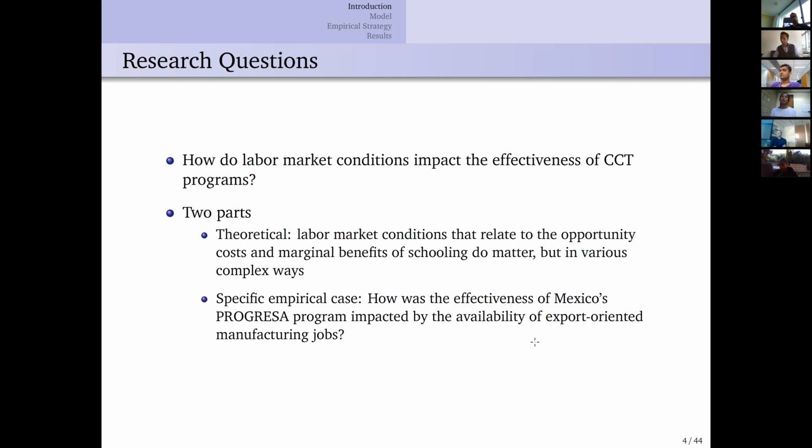The second part of this presentation is going to focus on a specific empirical case, which results in a narrower research question: how was the effectiveness of Mexico's PROGRESA program impacted by the availability of export manufacturing jobs? So I'm focusing on a specific CCT, PROGRESA, and a specific type of labor market change.